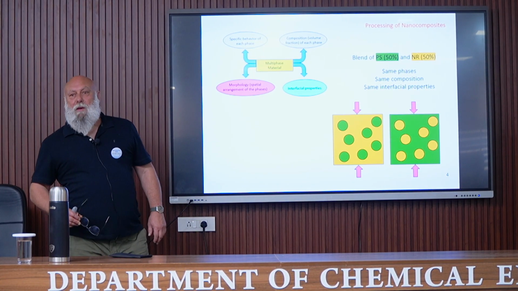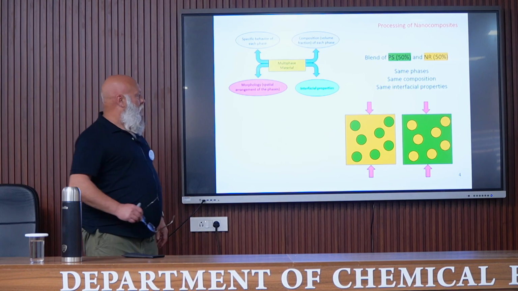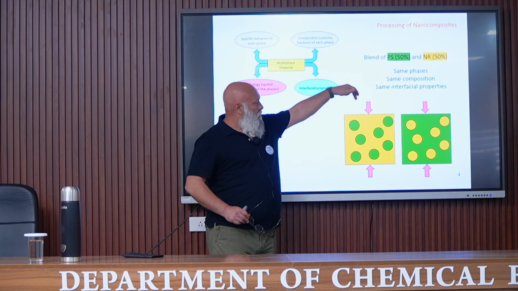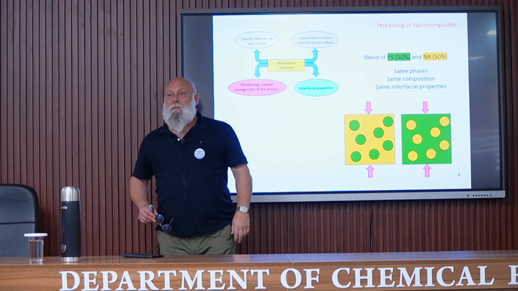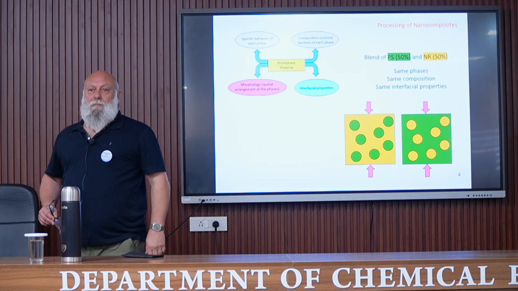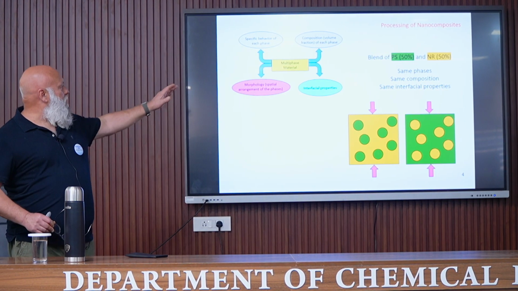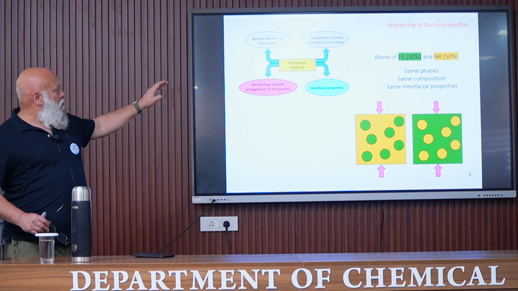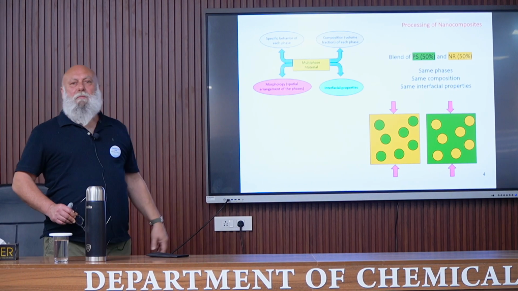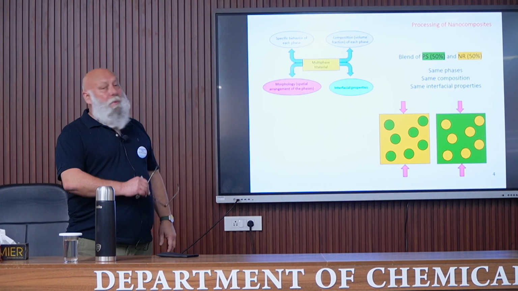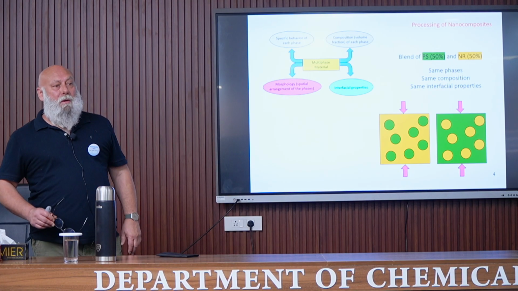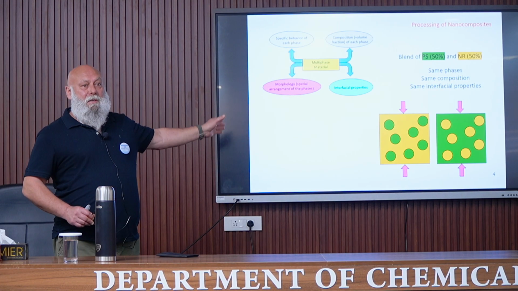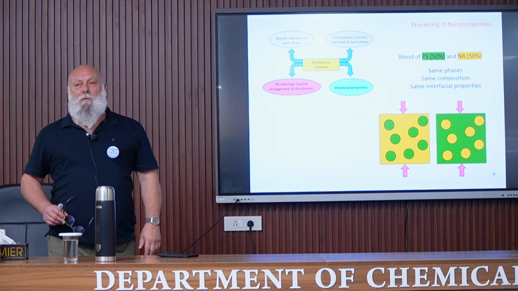Do you think that we have the same mechanical behavior, for example, when applying a compressive stress? You agree with me that it's the same two phases, the same composition, the same interfacial properties, but what about the properties for each morphology?